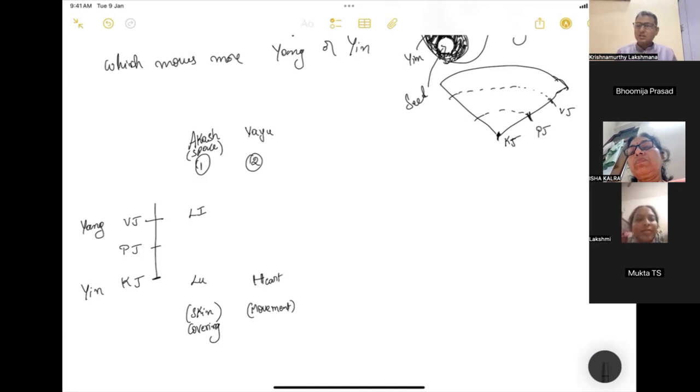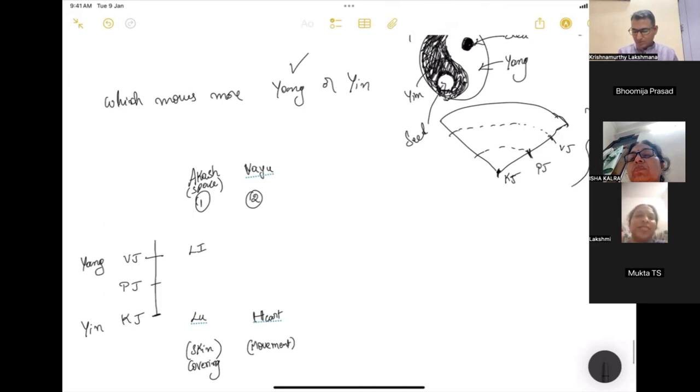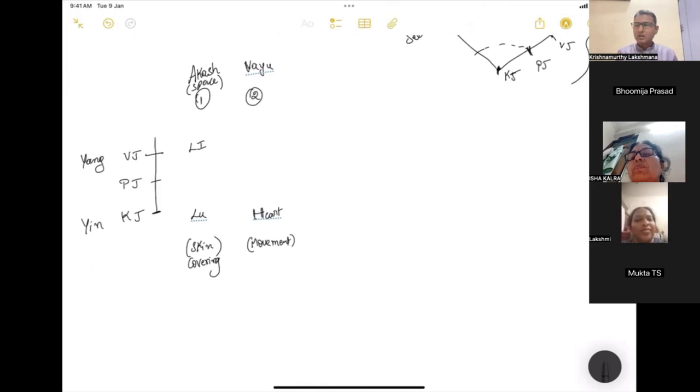Is this making sense to everyone? Bhumiji, what is not making sense? The connection between Akash or movement and it being associated with the kapha joint, it being yin, that is the dissociation. Both lungs and heart represent Akash and movement or Vayu, so how are they both in the kapha joint just because they're yin?